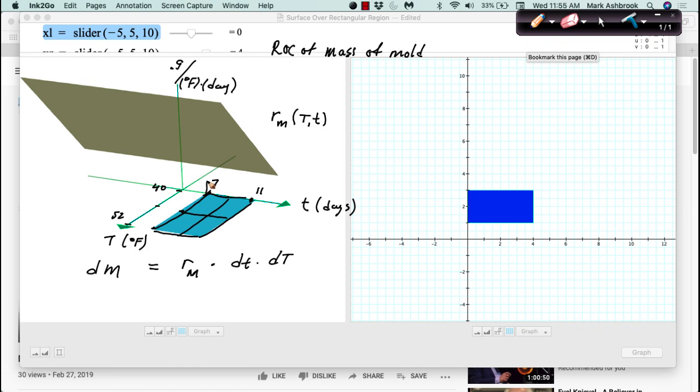Okay, so we come up here like this, and that would be the height of this thing the whole way. Okay, so would that be an underestimate or an overestimate of the actual mold mass for those changes in time and temperature? Under, because it's falling underneath.